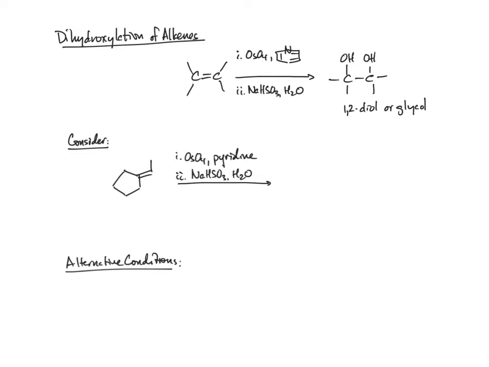And so let's consider this substrate here. This is an alkene. We're treating it under dihydroxylation conditions, and I've left some space open for the products that are formed. Let me give you some hints about the mechanism. I'm not showing you the exact mechanism of this because it gets pretty complicated. Essentially, this is an oxygen-rich compound, osmium tetraoxide.